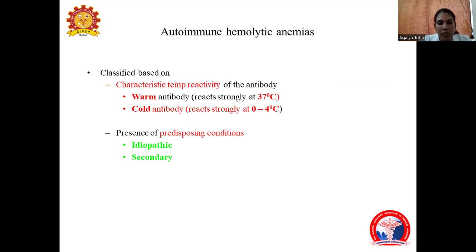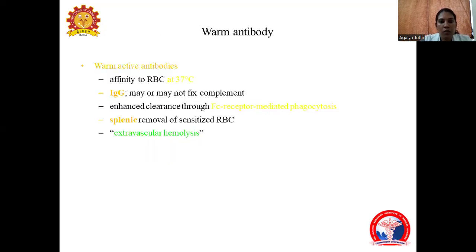Warm antibodies react strongly at 37 degrees Celsius, whereas cold antibodies react strongly between 0 and 4 degrees Celsius. The main predisposing causes are idiopathic or primary, and secondary causes such as lymphoproliferative disorders and infections, as I already told: mumps, measles, viral infections, and mycoplasma pneumonia.